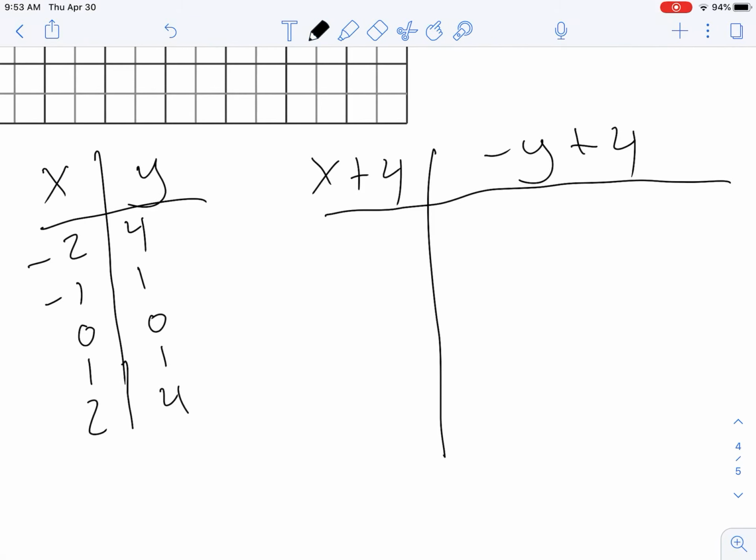Okay, so my x values come from my parent table, -2, -1, 0, 1, and 2. My y values come from my parent table for y, so I have 4, 1, 0, 1, and 4. And then I'm applying my transformation. In this case, I'm adding 4 to each of these.